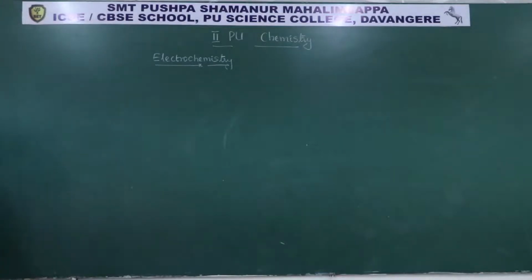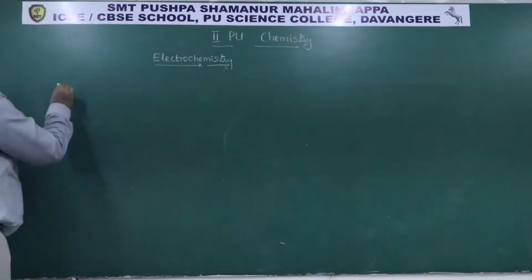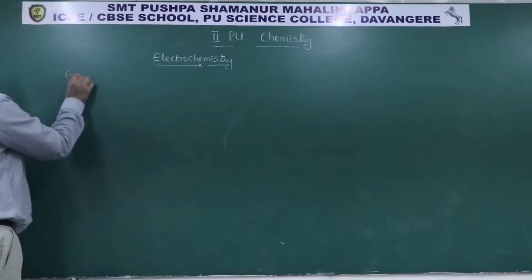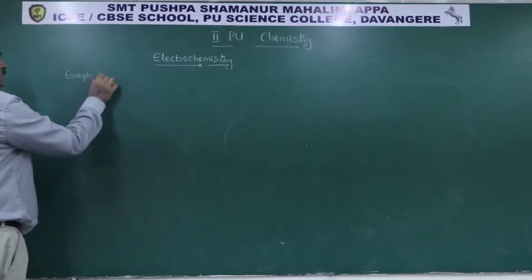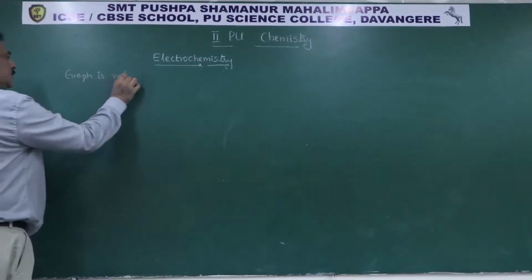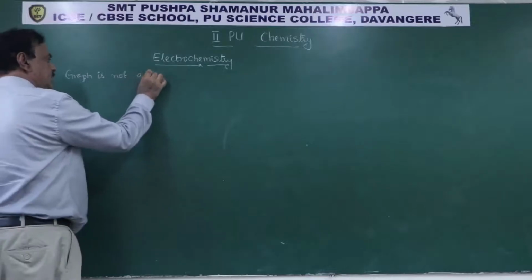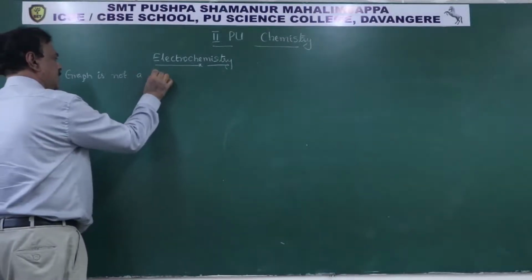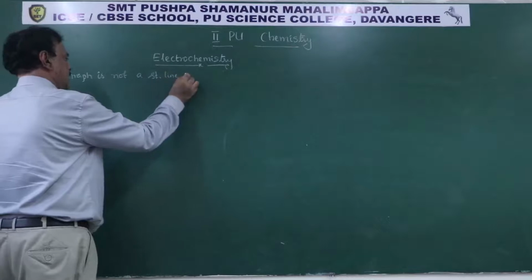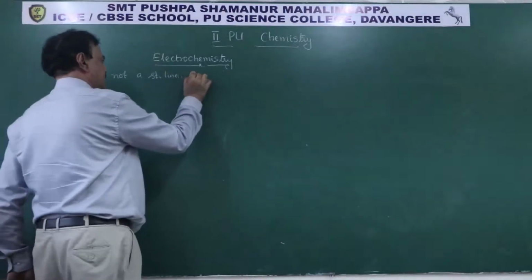The graph is not a straight line in the case of weak electrolytes.